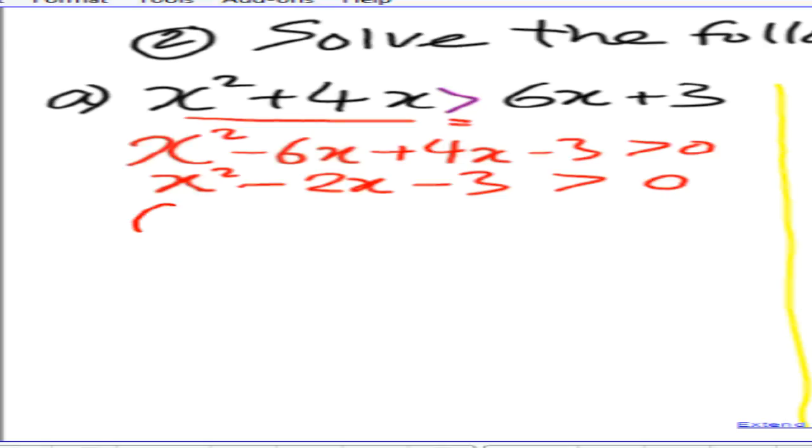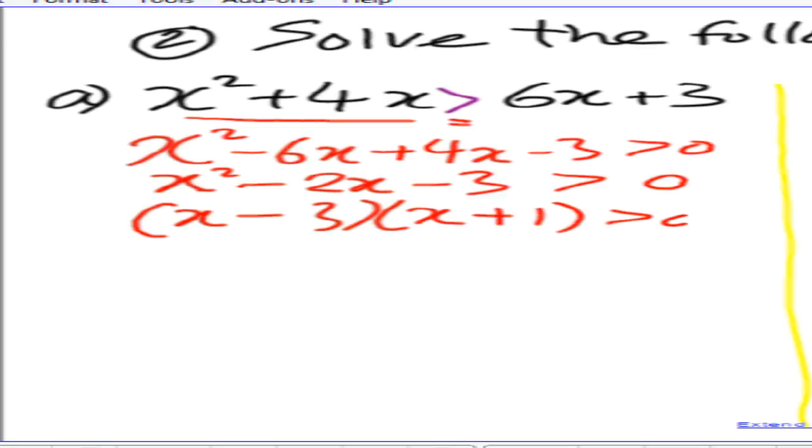So this one I can factorize. (x - 3)(x + 1) is larger than 0. Let's check. X squared, this times this is x squared, this is plus x minus 3x, so it's minus 2x, and then minus 3. So this is what I have.